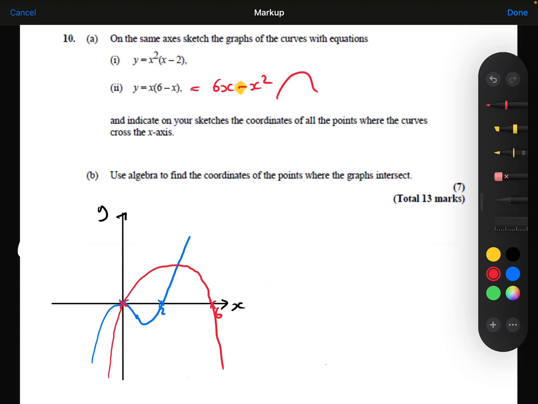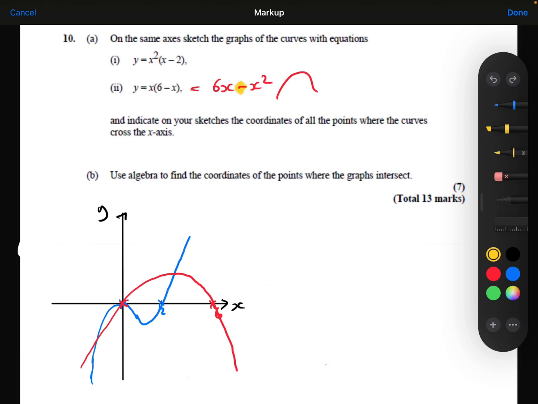The x cubed, because it has a higher power, will always become bigger than the x squared eventually, when x becomes large enough. At small values of x, maybe not, but certainly as x becomes bigger, the blue line will always overtake the red line. The cubic will always overtake the quadratic.